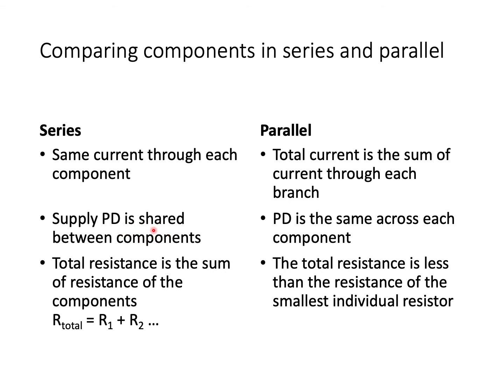The potential difference, though, is shared in series circuits, but is the same if they're in parallel. And resistance, well, resistors in series, you just add them up. And resistors in parallel, well, that's complicated. For GCSE, you just need to know that the total resistance is less than if you had them all in a line, and it's less than the resistance of the smallest individual resistor.